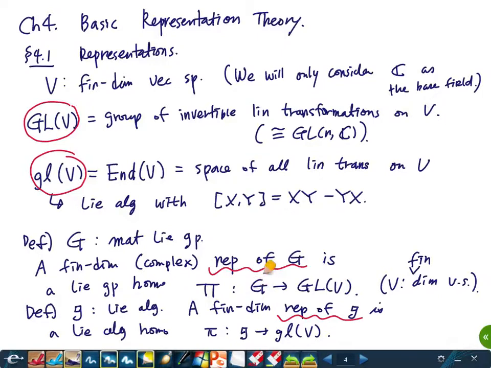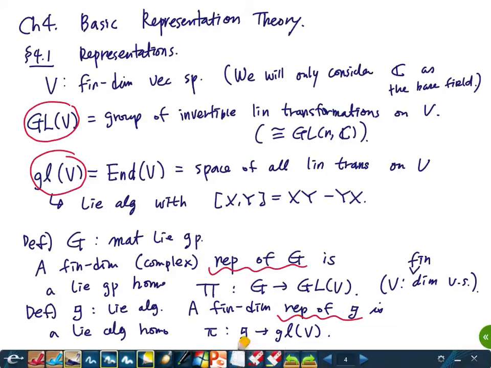In this way, we can understand a matrix Lie group as just matrices, because it's inside here. Same here. If this is a faithful representation, then this can be considered as an embedding here. So basically, what's going on here is a Lie algebra that is a subalgebra of this.